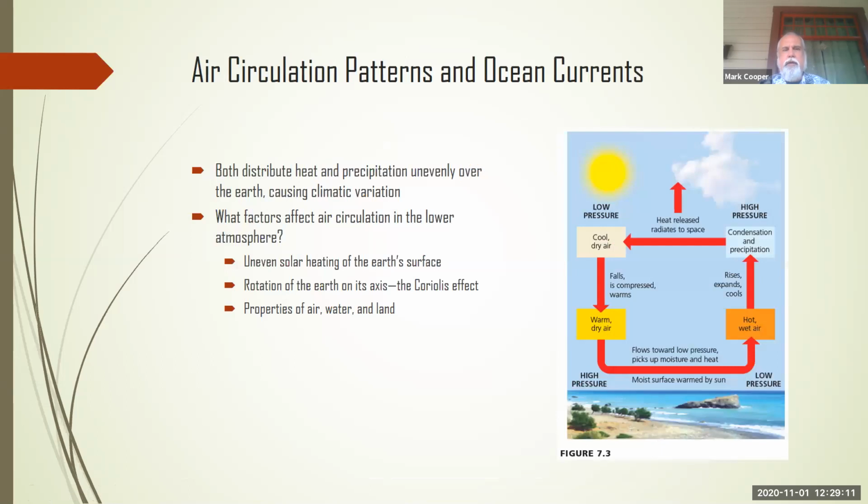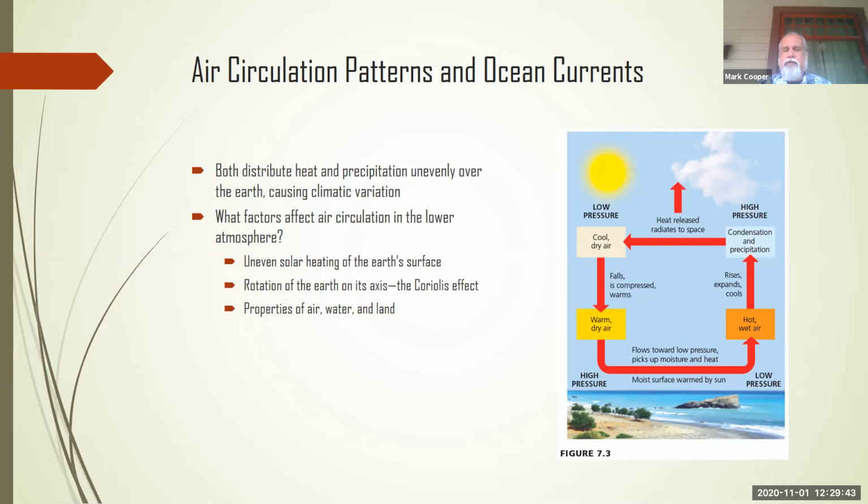As we go on, air circulation patterns and ocean currents are what I want you to know; these move heat and precipitation around unevenly. So depending on where you live, this will affect the climate in your area. Again, there's uneven solar heating of the Earth's surface, depending on the time of year and the angle of the Earth facing the sun.